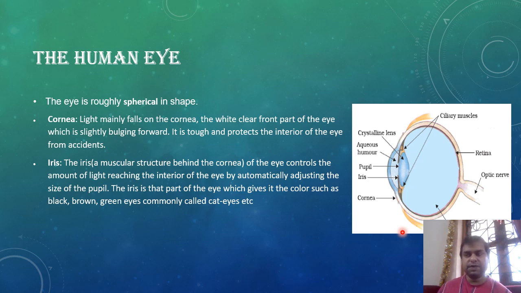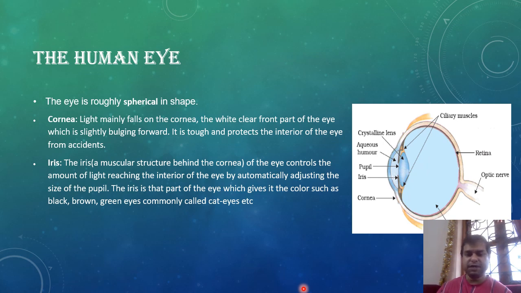So to protect the eyes from too much light entering and damaging the eye, we have something called the iris, a muscular structure behind the cornea. It's over here, and it automatically adjusts the size of the pupil.